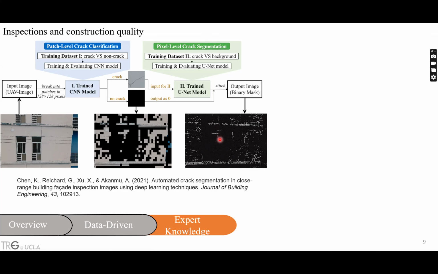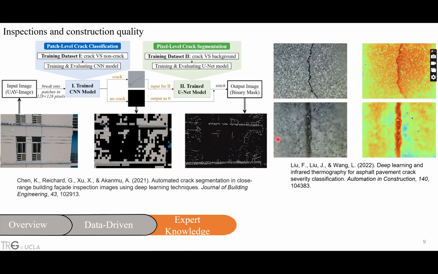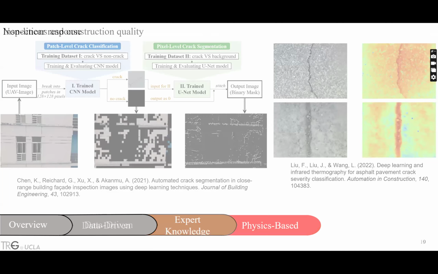But we can use computer vision for inspection, for monthly or timely inspections, or for construction quality also. For example, for the pavement, the asphalt, we can use AI to say how the construction quality is, or how the status of the road is. So it can completely do the expert knowledge job.